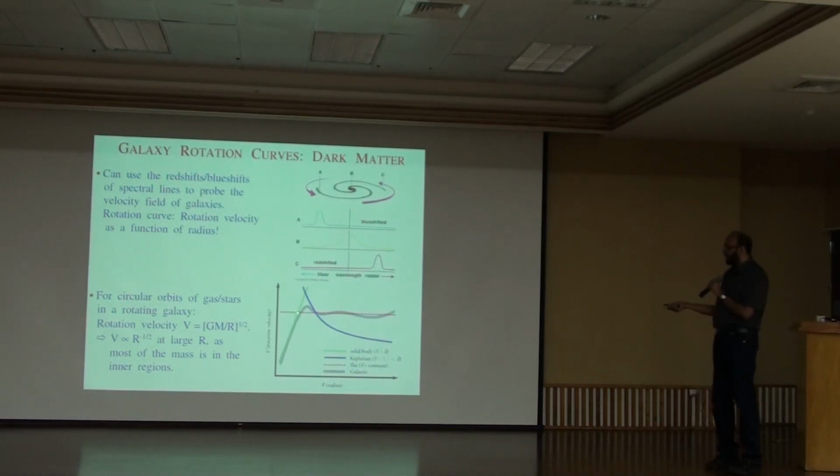I don't expect that it will be flat. I expect that it will fall at large r. So all that's being said over here is that this curve is v proportional to r raised to minus half. So the velocity will fall as the radius increases with this proportionality. And that's just because most of the mass is in the internal regions.